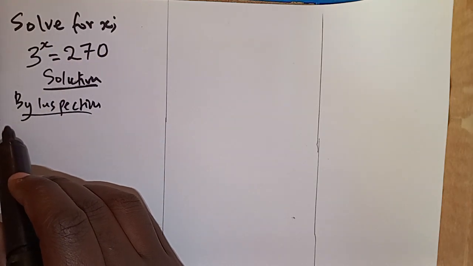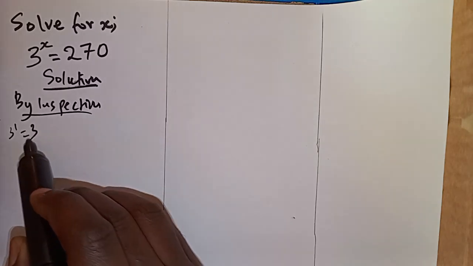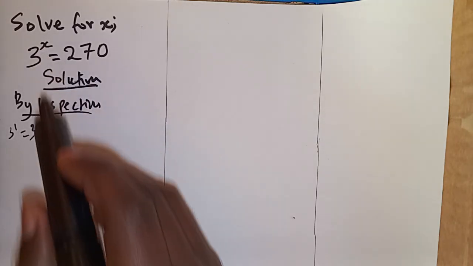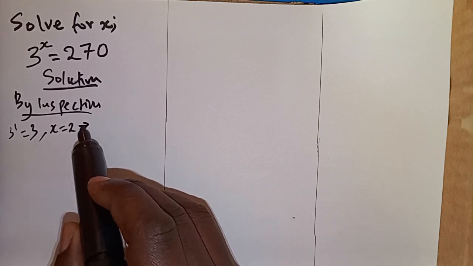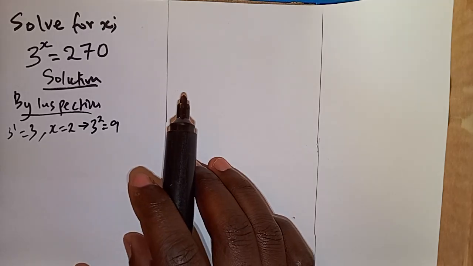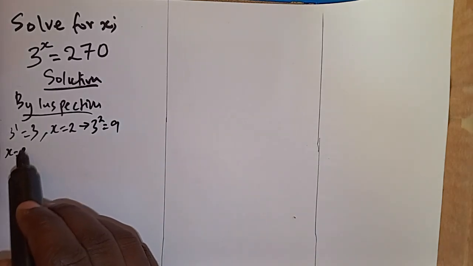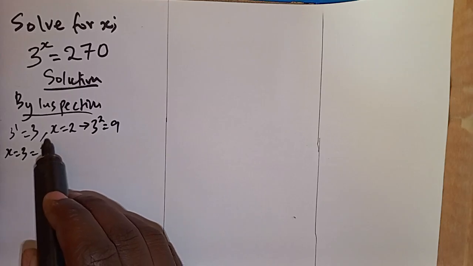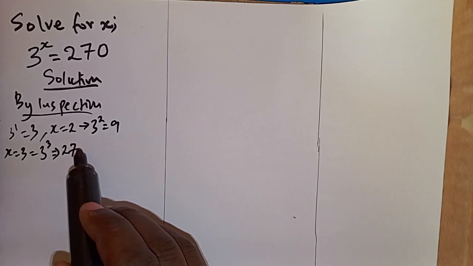So let's test 3 raised to power 1, which of course gives us 3. When x is 2, 3 raised to 2 is 9. When x is 3, 3 to the power 3 is 27.